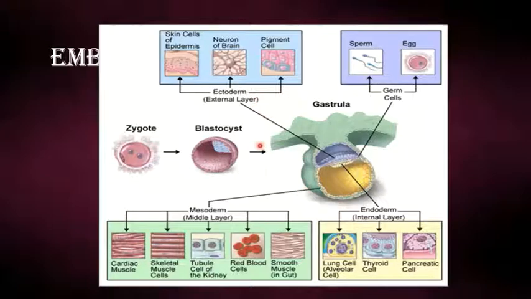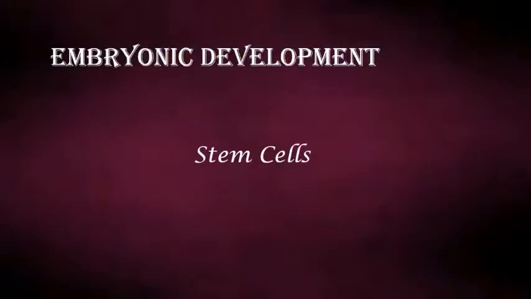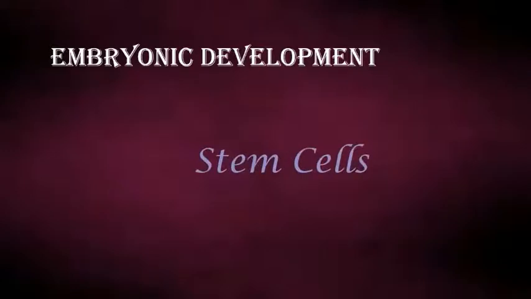Besides these three layers, this embryonic cell mass will also contain certain stem cells. These are like the meristems of plants. They are undifferentiated and retain the ability to divide and develop into any type of tissues or organs.